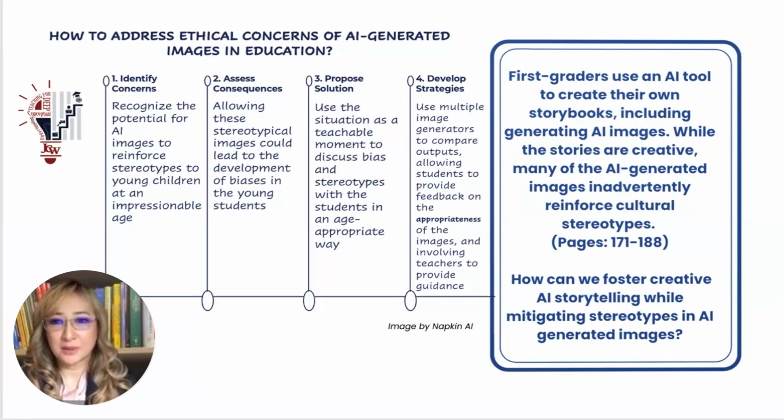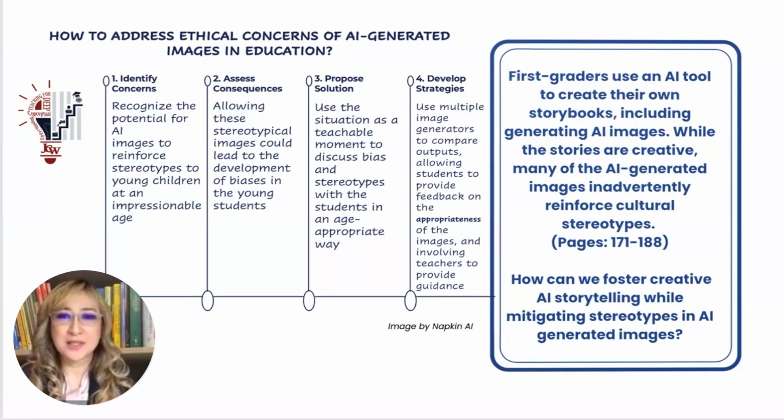And then what are some prevention strategies? Use multiple generators to compare outputs, allowing students to provide feedback on the appropriateness of the images and involving teachers to provide guidance. And that's what I think we should do. I usually will compare 5 different image generators, but of course, I'm really mindful of resources, and I don't want to be just creating an image that is resulting in AI slop, I call it.